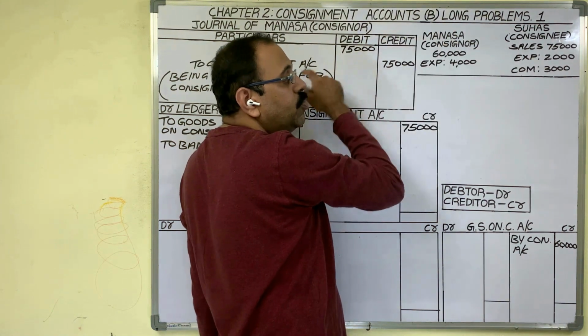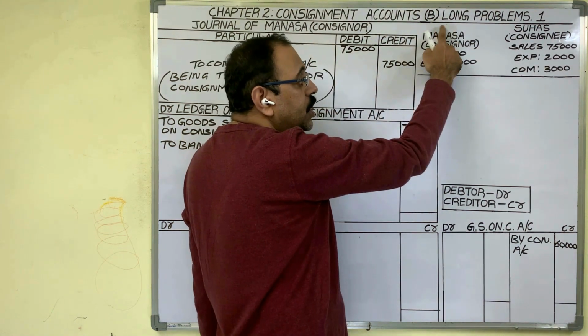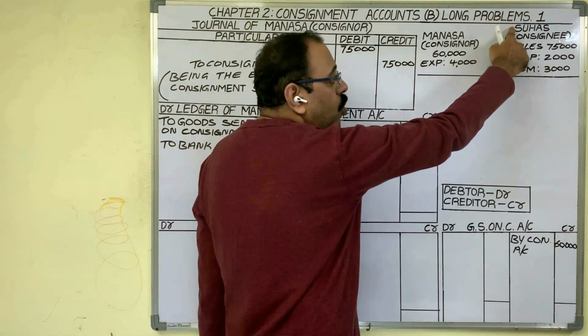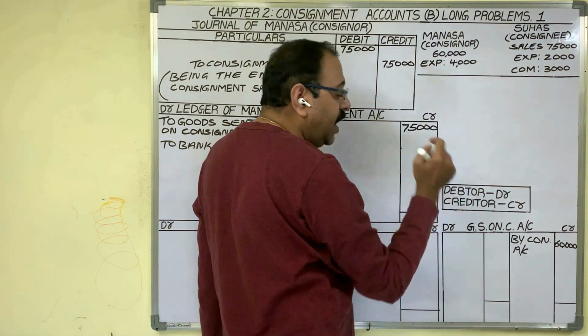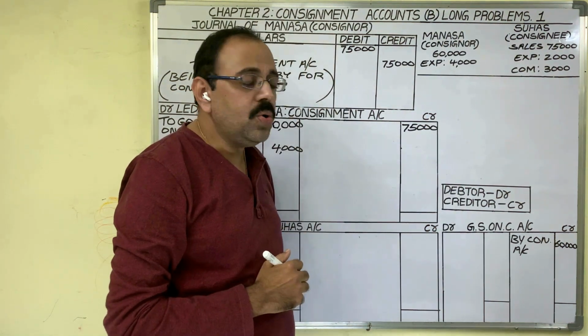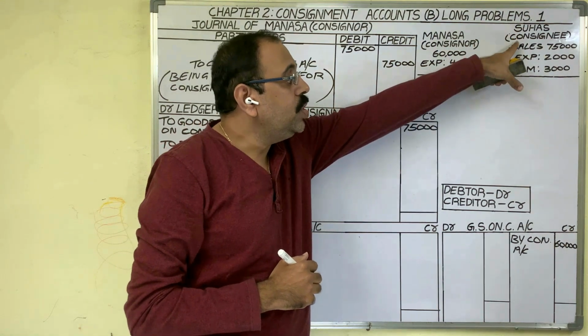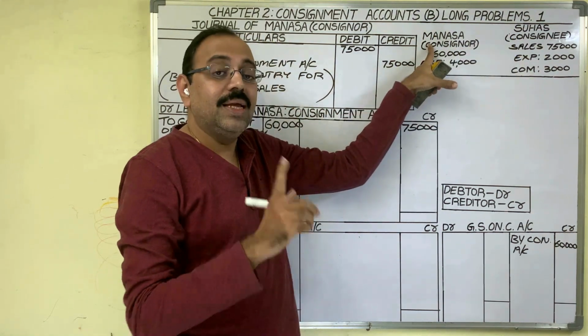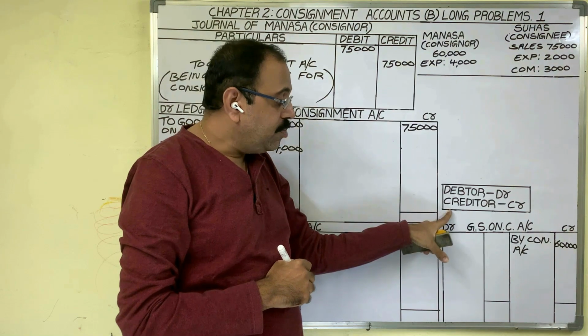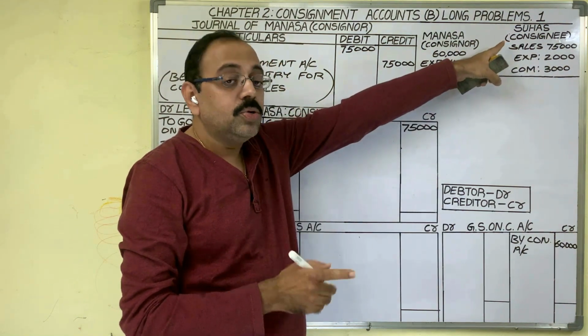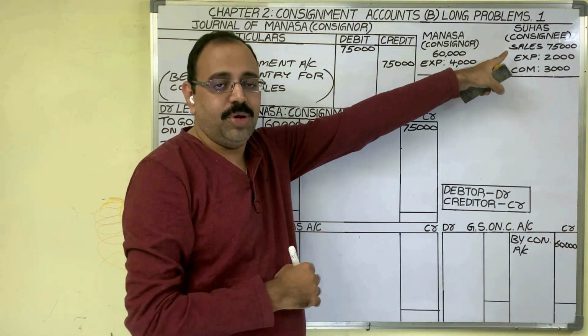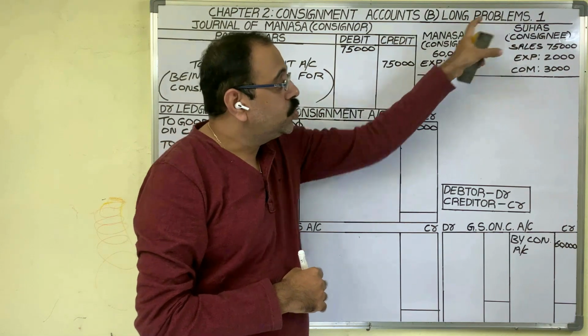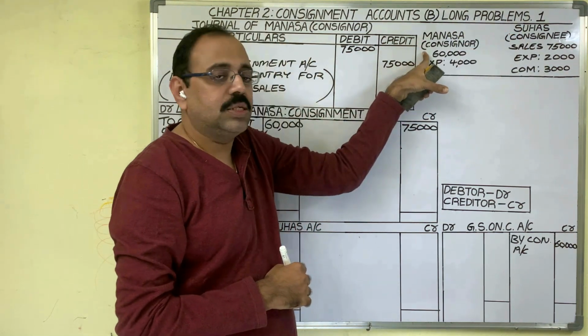We are in Manasa's books. So you should observe, to Manasa, Suhas is a debtor or creditor. Debtor means who? A person who is liable to us is a debtor. Creditor means a person to whom we are liable. Here, Suhas is liable to us.